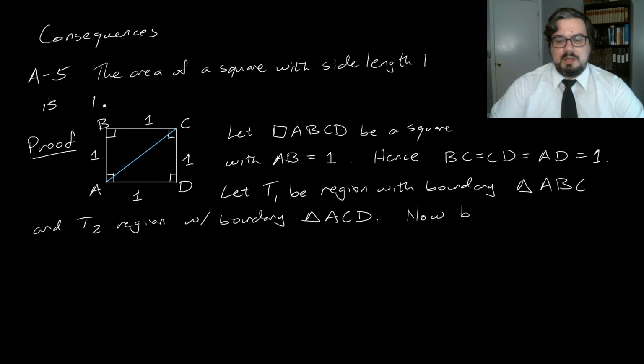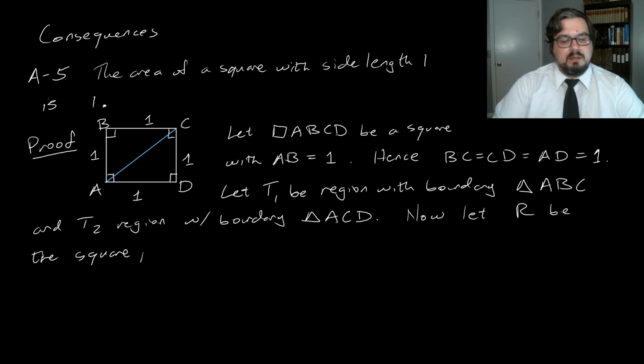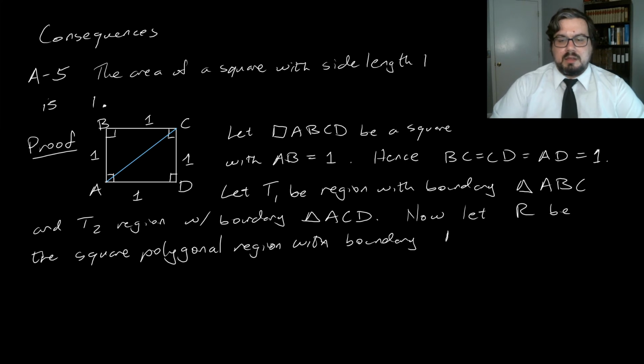I should have specified, let R be the square polygonal region with boundary the square ABCD.